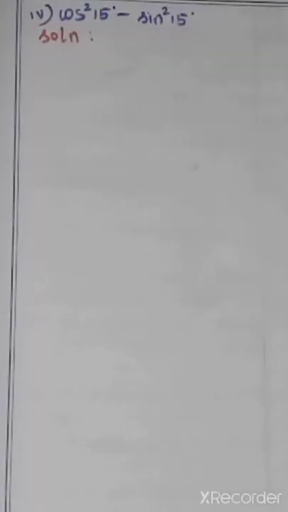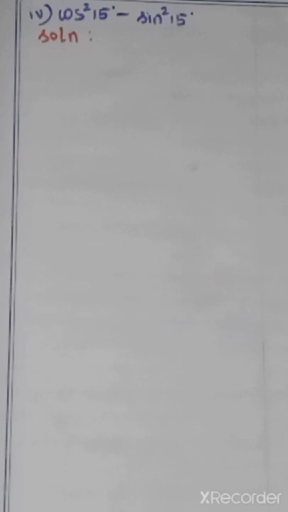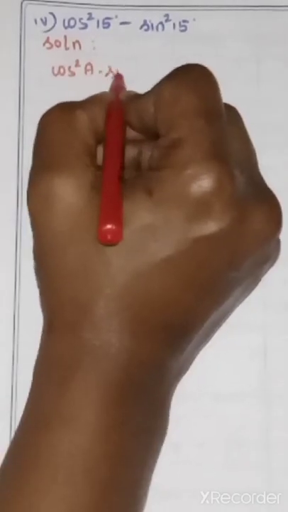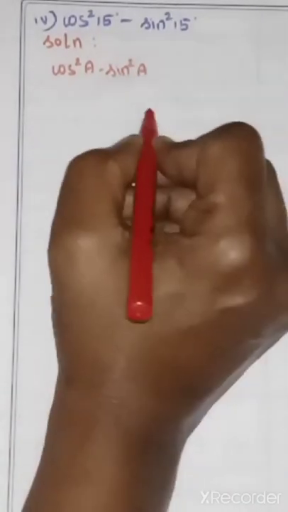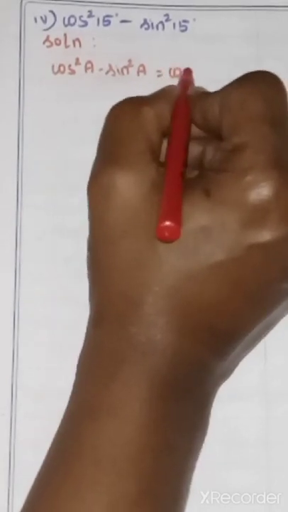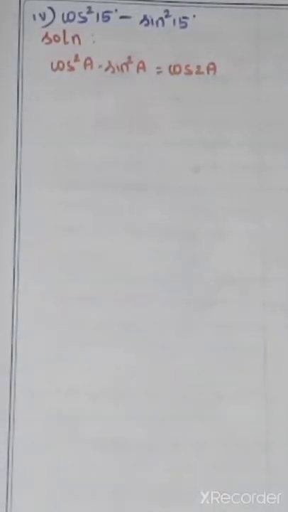Now, fourth subdivision. Cos square 15 minus sin square 15. We want to find the value. So here, cos square 15 minus sin square 15, we can use the formula cos square A minus sin square A. This is a formula. So cos square A minus sin square A is cos 2A.